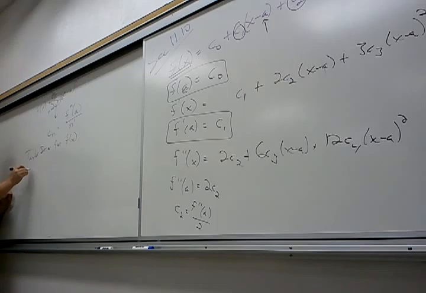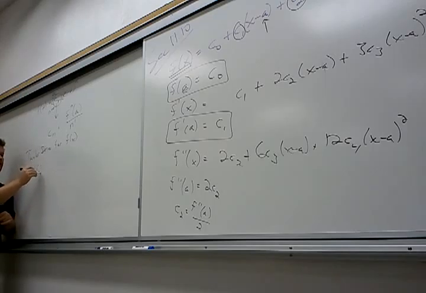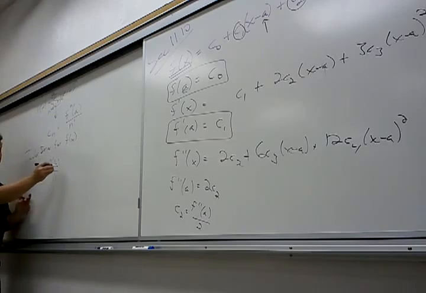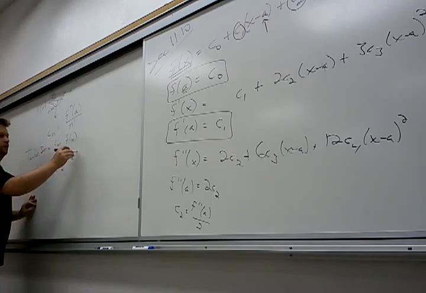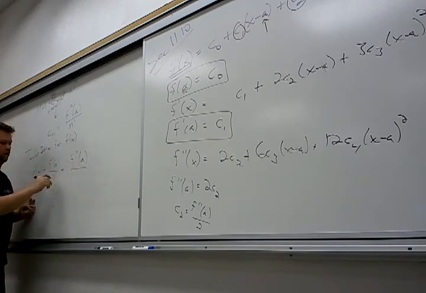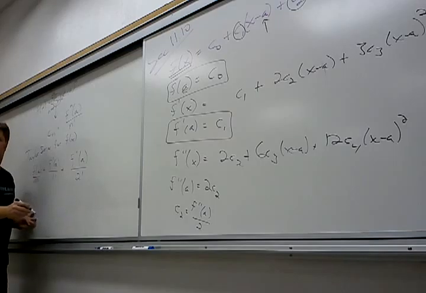It would be f of a plus f prime of a over 1 factorial. This is really over 0 factorial, truly, but let's let that go. Plus f double prime of a over 2 factorial, right?